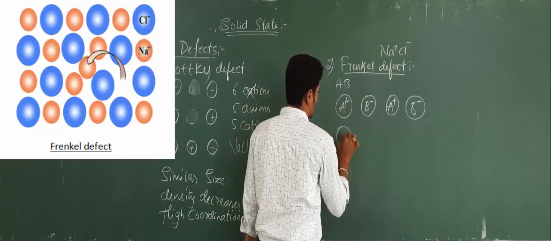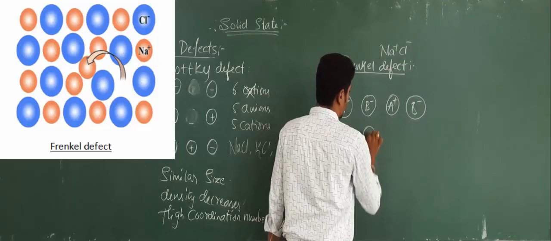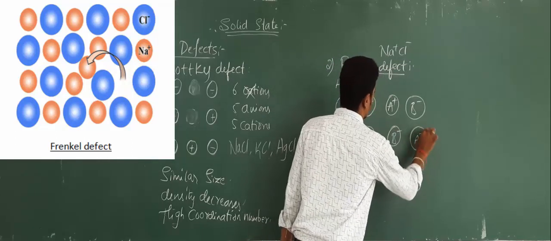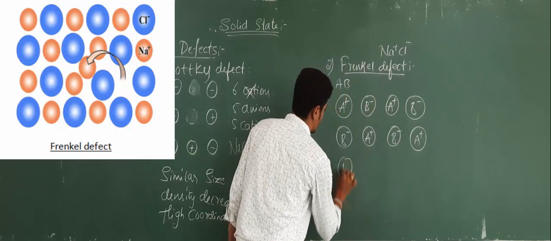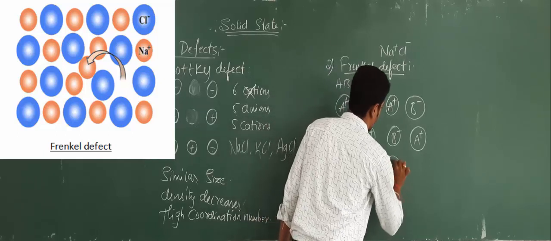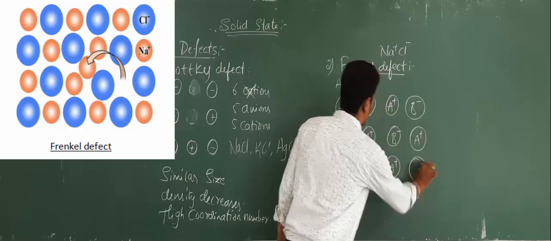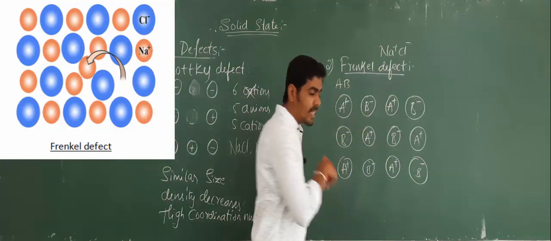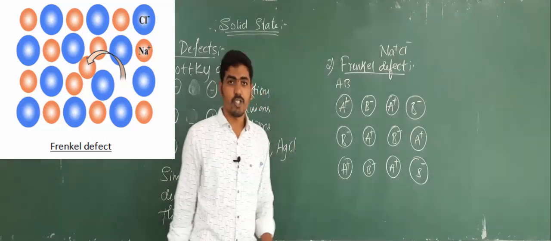Okay, so this is the ionic crystal. Now in this crystal, alternate cations and anions are arranged.